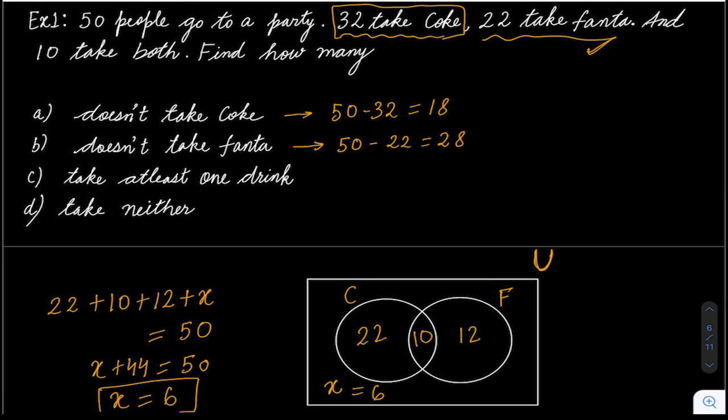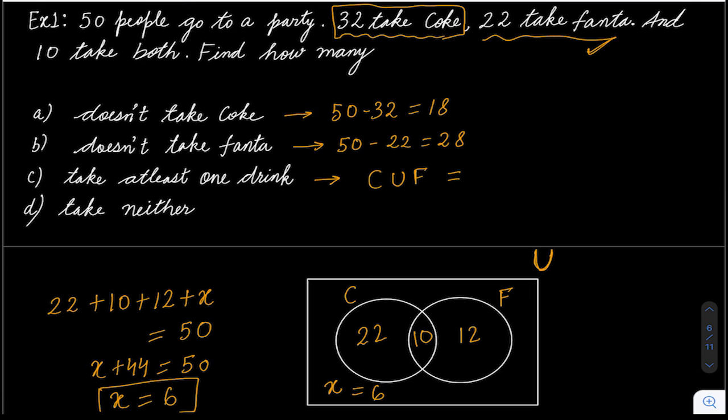So now what's the question? Find how many take at least one drink. So at least one drink means there will be people who are drinking Coke only, people who are drinking Fanta only, and people who are drinking both Coke and Fanta. So simply, you have to find the union of C and F, that is Coke and Fanta.